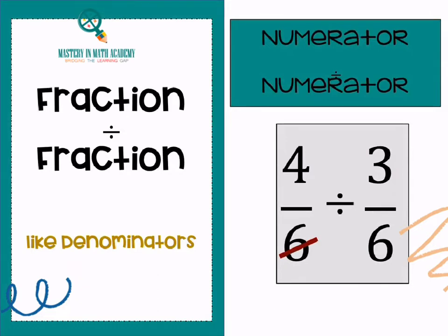So you're going to do numerator divided by numerator, and you have 4 divided by 3. Again, we can write that many ways, but because we're talking about fractions, we're going to write it as a fraction. And remember, you read it from left to right.